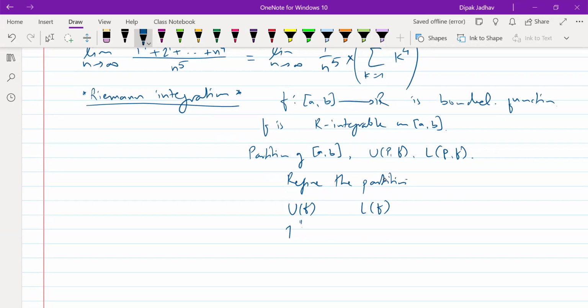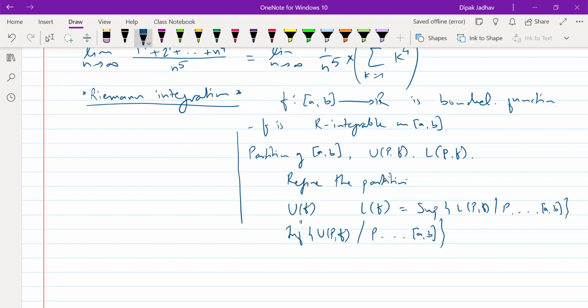UF is the infimum of all upper sums, where P is a partition of the closed interval a, b, and LF is the supremum of all lower sums, where P is a partition of the closed interval a, b. We say the function is Riemann integrable if the upper integral matches the lower integral.